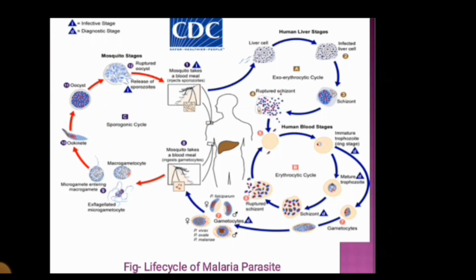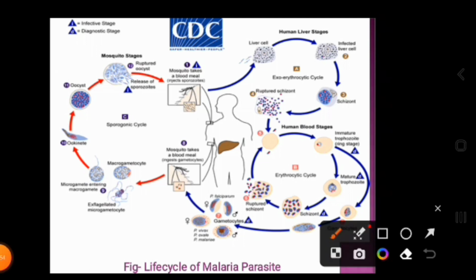So gametocyte formation occurs in the RBC. But in humans, the sexual reproductive stages of the malaria parasite do not occur. So these gametocytes have to enter the mosquito's body.